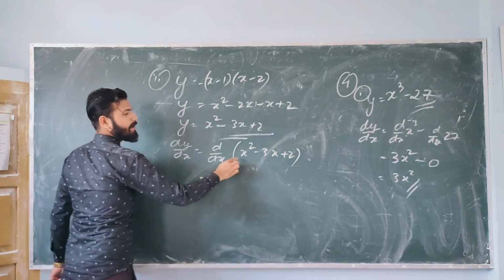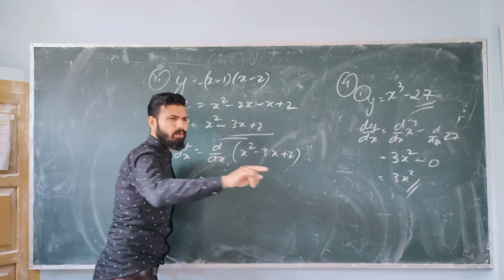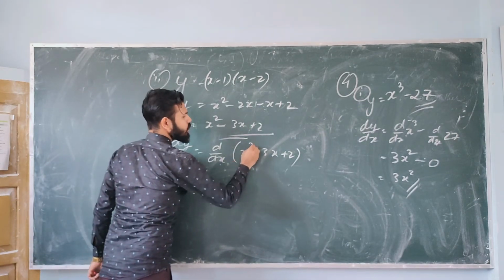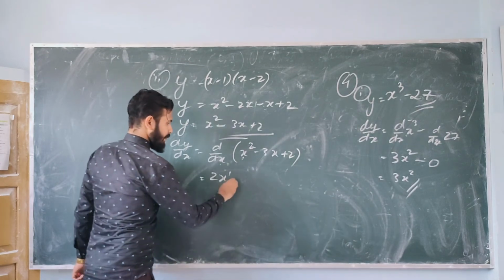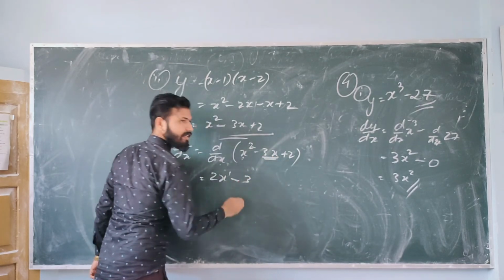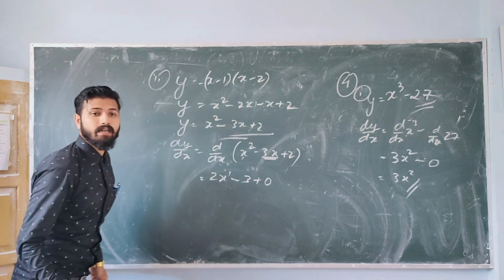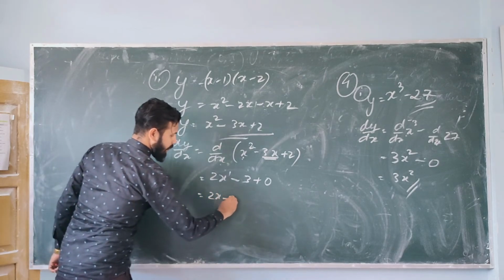Now you tell me. Let us not write individually, to save time I'm doing it directly. d/dx of x square is 2x, clear? Minus 3x gives minus 3, because the derivative of x is 1. And the derivative of 2 is 0. The answer is 2x minus 3.